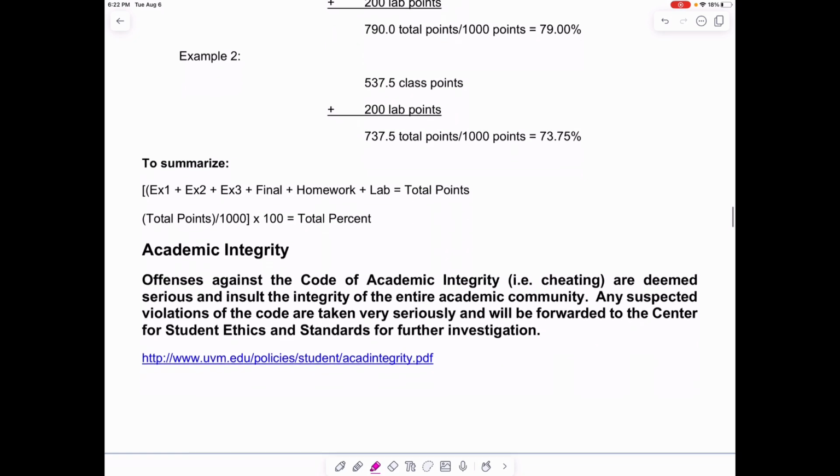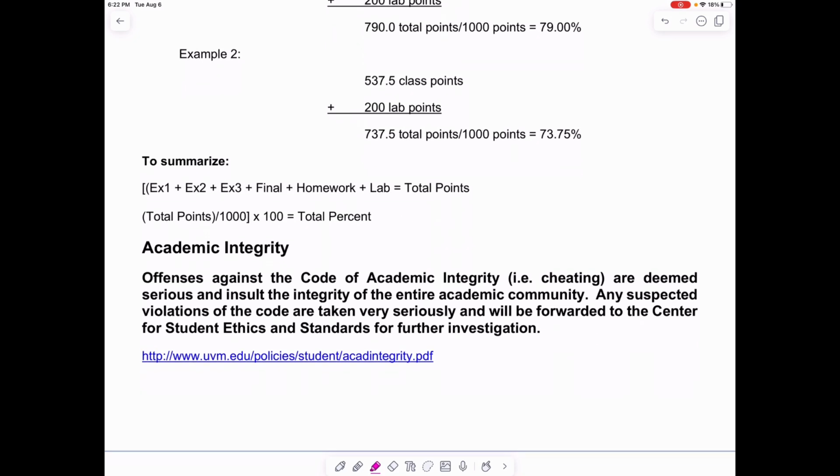Lastly, with the grades is academic integrity. Basically saying, this is your education. Please do not cheat. Cheating does not help you, and does not help the person you're cheating off of. Generally, the person you're cheating off of might not actually know what they're doing anyways.